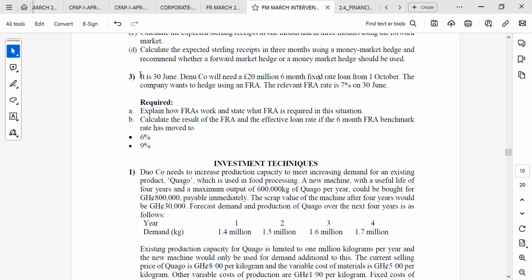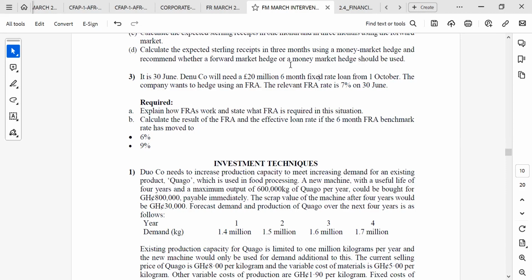Okay. Question 3. It is 30th June. The company will need a 20 million pound 6-month fixed rate loan from 1st October. The company wants to hedge using FRA. The relevant FRA rate is 7% on 30th June.